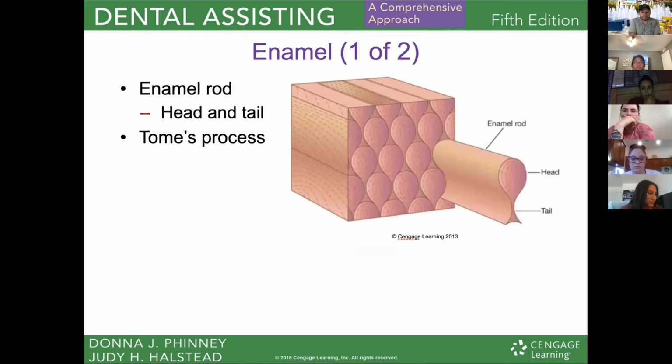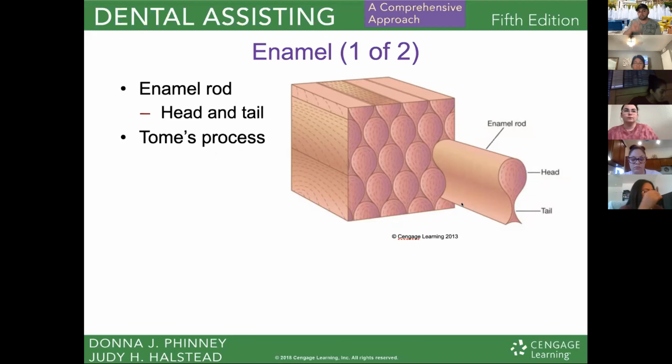So we have the enamel. There's a process called Tome's process. This guides the enamel matrix into place. As a secondary layer is laid down, the first becomes more mineralized. So we have these enamel rods, which are made up of the head and the tail. And as these are laid down, the layer before that becomes more mineralized, so it becomes stronger.